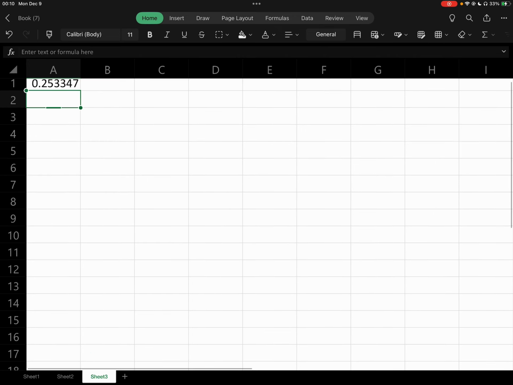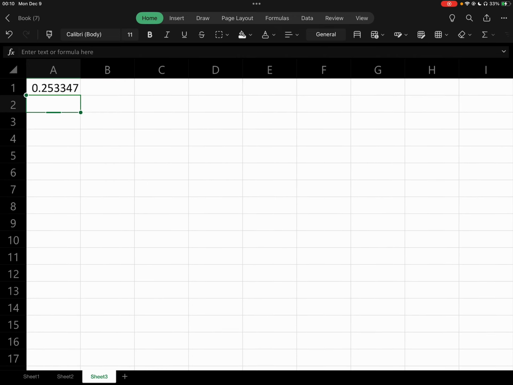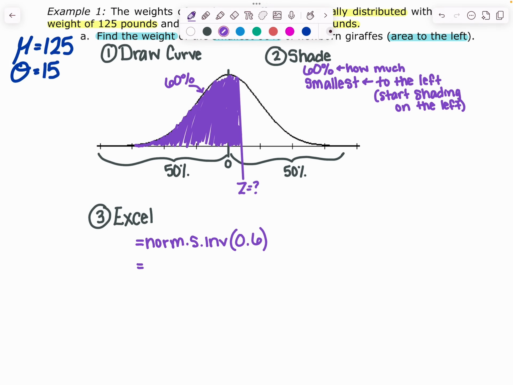So I'm going to go back. 0.253 is the z-score right here, 0.253.